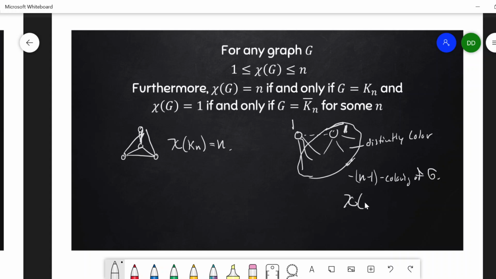And so in the case when G is not complete, the chromatic number of G is less than or equal to n minus 1.